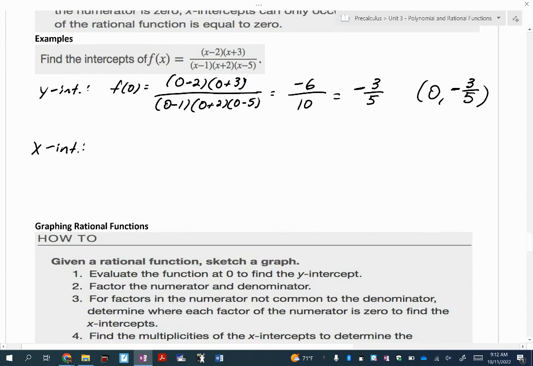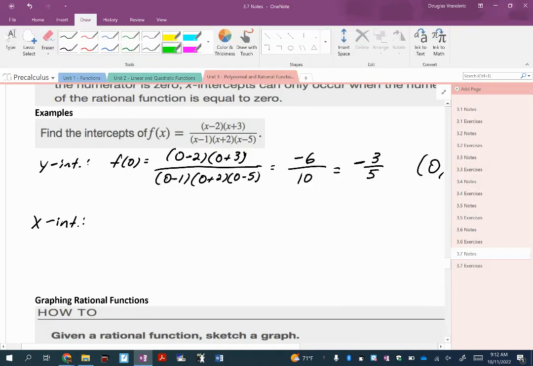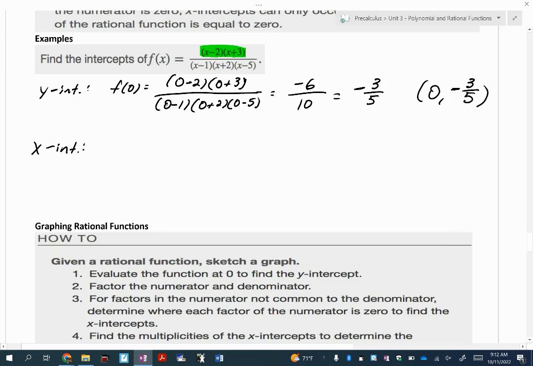Okay? Now in terms of the x-intercepts, if it's already factored for you like this, it's actually pretty straightforward. The x-intercepts, as I mentioned earlier, you look in the numerator. Whatever makes your numerator 0, that's going to be your x-intercepts. The reason for this is because you're trying to make the entire function become 0, right? So if you want to set it up, I never do this, but let me just show you what I'm talking about. If you copy it again, all right, so there it is, copied down my function.